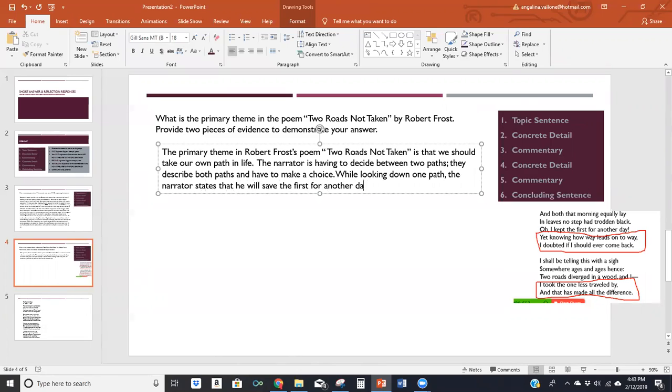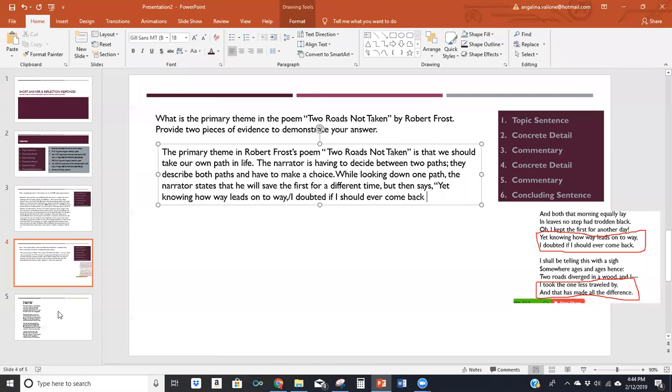I don't want to use the direct words or I'm plagiarizing, so: for a different time. But then says, correctly quoting, comma, quotation marks, "yet knowing how way leads on to way," comma. If it's a poem, you put in this little slash to indicate that it goes to a new line, "I doubted if I should ever come back."